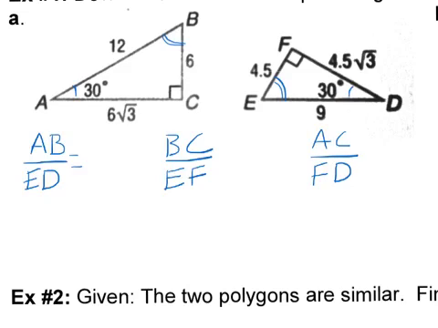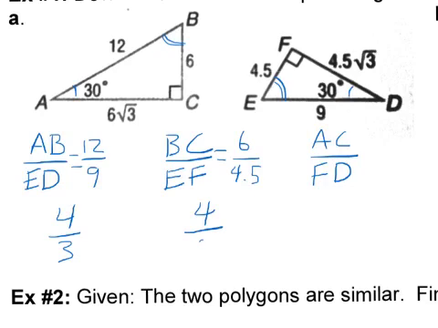Okay, well, AB is 12 and ED is 9. When you reduce that, you get 4/3. Okay, BC is 6 and EF is 4.5. When you reduce that, you get 4/3. So far, I'm seeing a pattern. Let's check the last one.